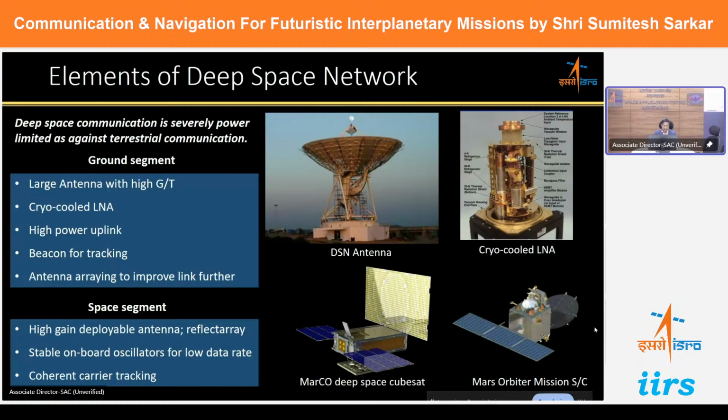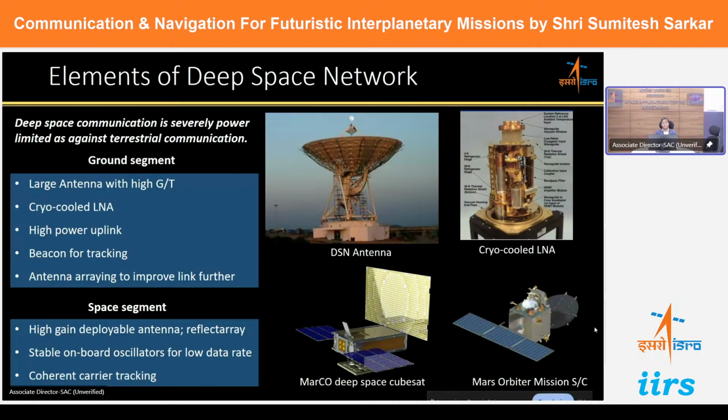That's why they are preferred in this type of weak link. And of course, they are high power, and some tracking signal beacon will be there on the probe or the orbiter, which can be tracked by the DSN stations.